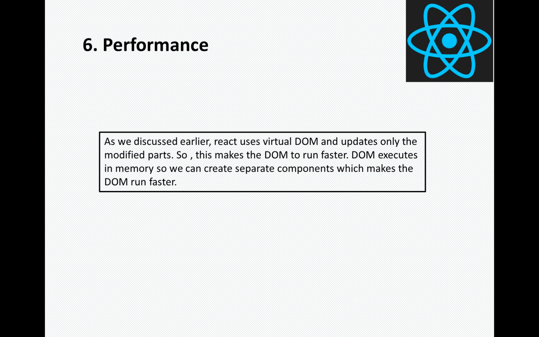That's the beauty. That's why performance is high and DOM is executed in memory. We can create a separate component which makes the DOM run faster. So it is best in performance.